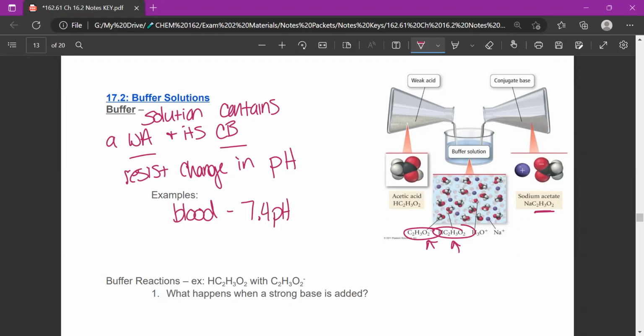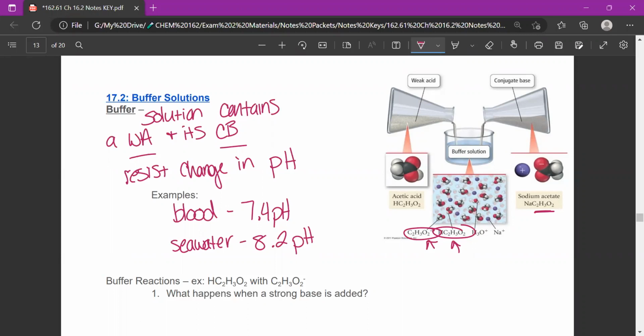So there is an acid and a conjugate base in your blood. Same thing with seawater, which is progressively getting more and more acidic, but needs to stay kind of basic. It's about 8.2. As it gets more acidic, it gets to like 8.1, which you might not think is a big difference, but that is a huge difference when it comes to wildlife. So buffers are extremely important for maintaining pH for life.